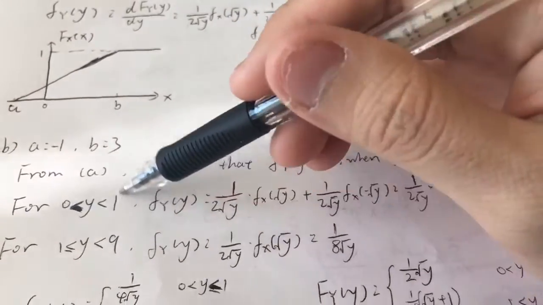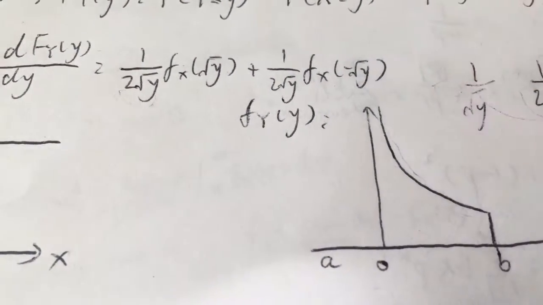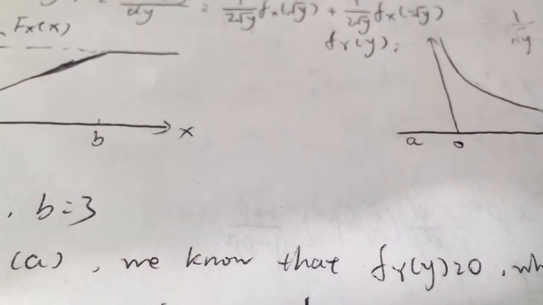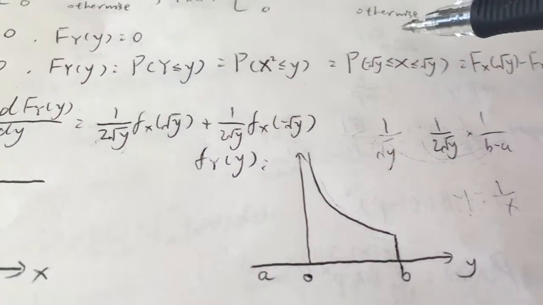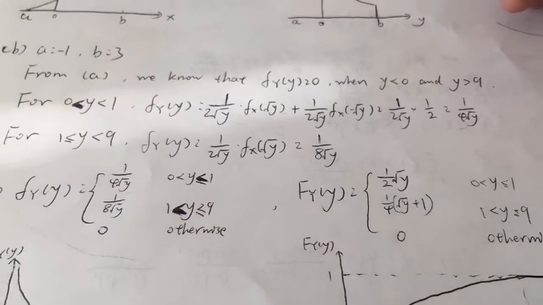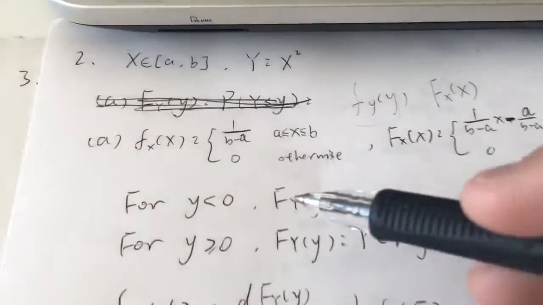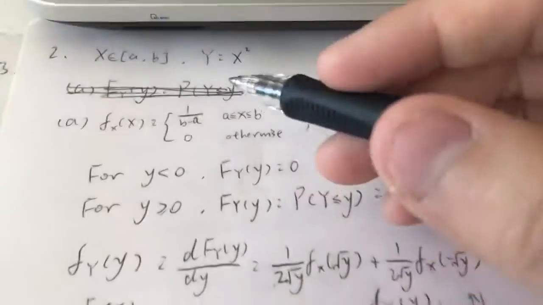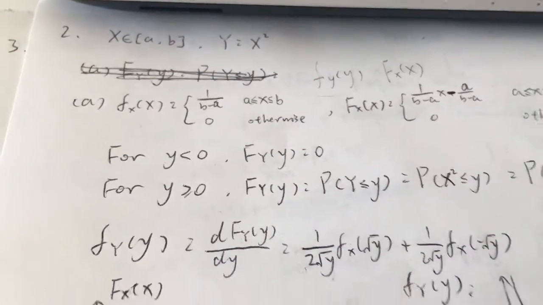In this case, we know that the negative root of y should be in A to B. So we know that this should be equal to 1 divided by b minus a, and the value of this is equal to 1/4.